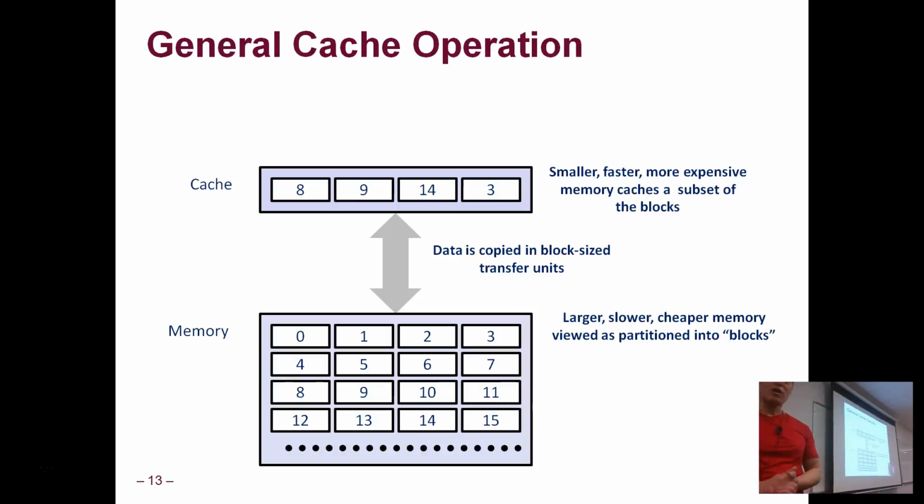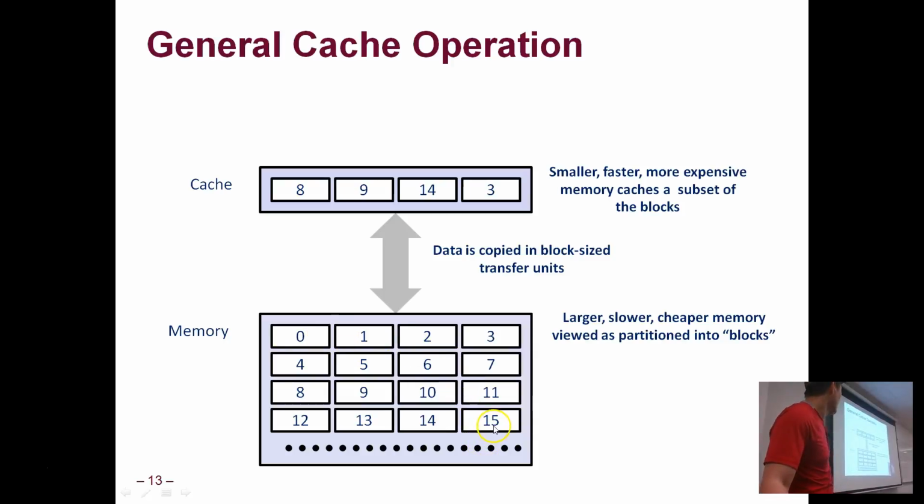Okay, so we've referred to this sort of in the abstract. The way these hierarchies are built is through caches. And so here we have a picture of a cache, which is the smaller, faster, more expensive memory. And because it's smaller, it can only contain a subset of the blocks in your larger memory store. So in this case, we number the blocks in memory from 0 up to 15.